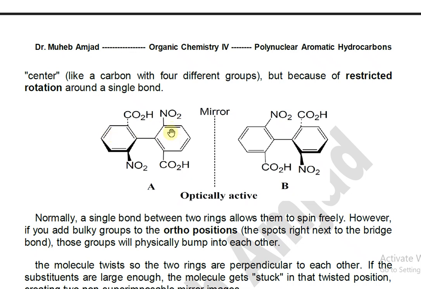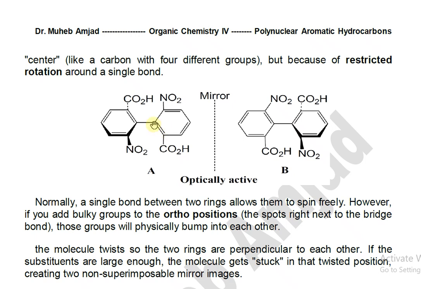If you use your imagination, this will be on the plane, this cycle and these groups will be on the plane, but this one will be nearer to you and this one will be far from you. That means this will be perpendicular to the plane.